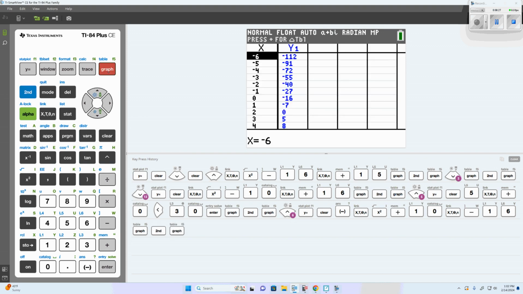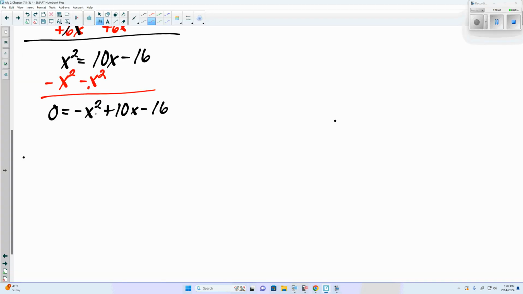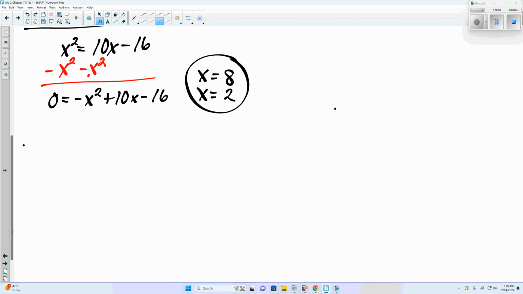Because again, we're trying to find out what value of x will make the y value be 0. 2 and 8. So our two solutions for this are x is equal to 2 and x is equal to 8. Questions on this here?